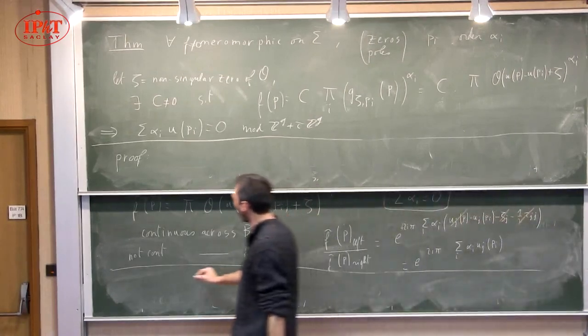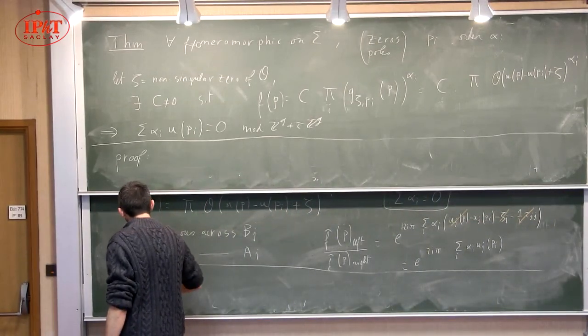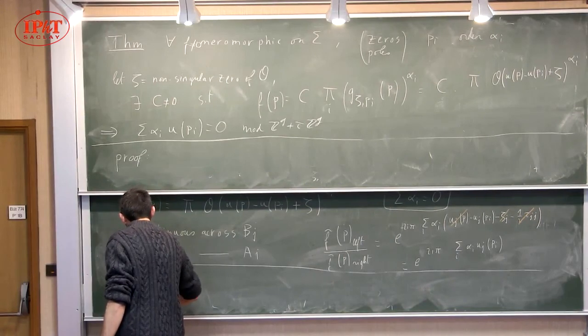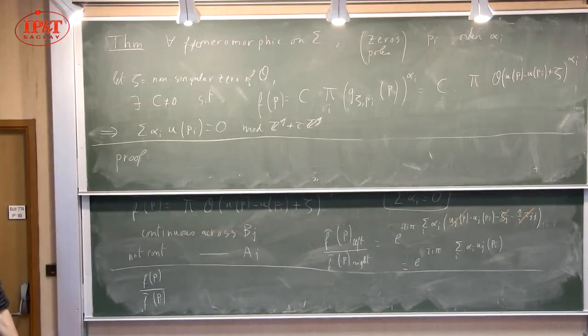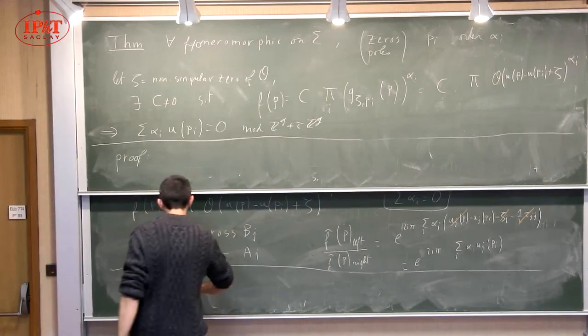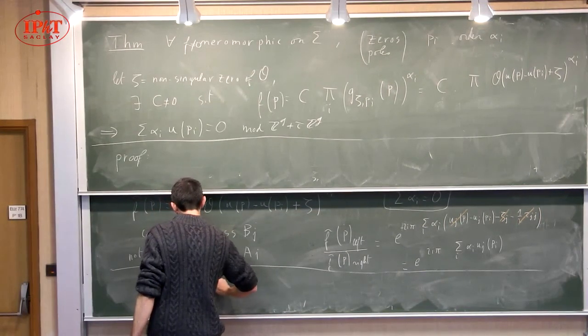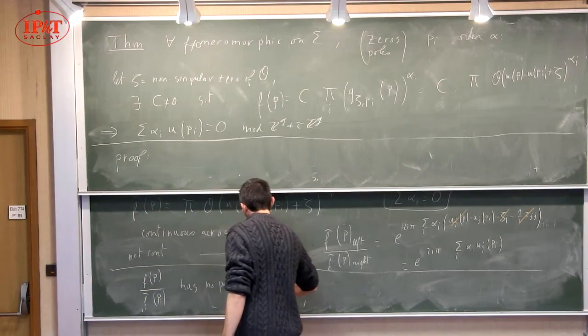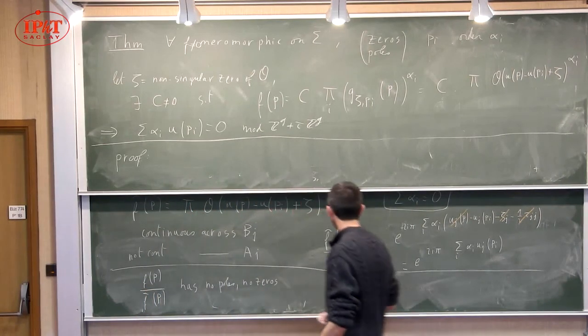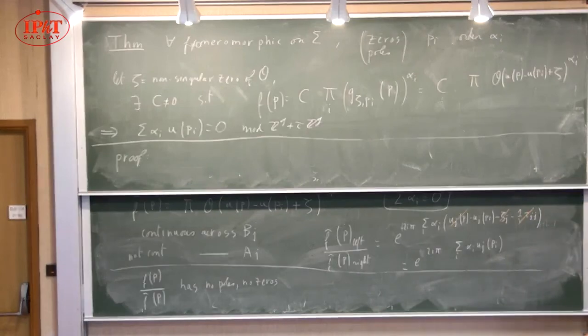And let's compute the function f of p over f tilde of p. Well, it has no poles and no zeros, by definition.